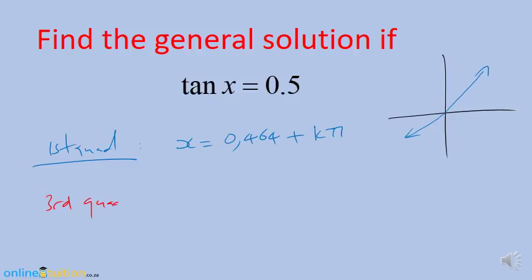Pretty straightforward. X would be pi plus 0.464, and don't forget plus k pi, whatever that is. And what do we know about k? Well, k is an integer. And that's it. Easy peasy. Nothing difficult. Awesome stuff, guys.